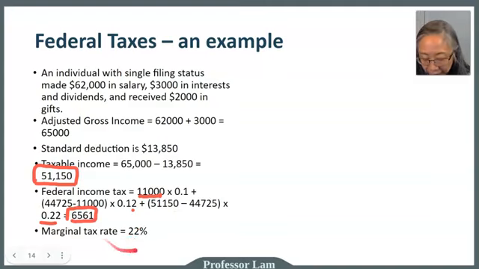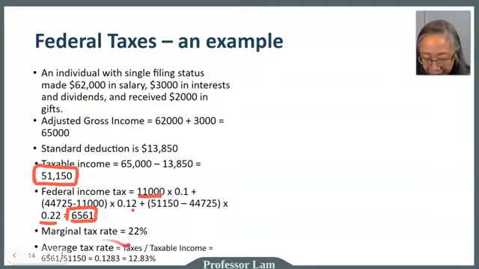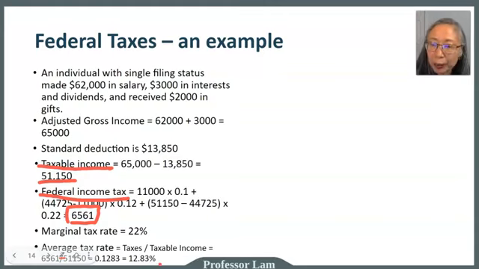And the average tax rate, remember that's tax divided by the taxable income. So the tax is $6,561. That's what we computed. Your taxable income is $51,150. So the average tax rate is 12.83%.